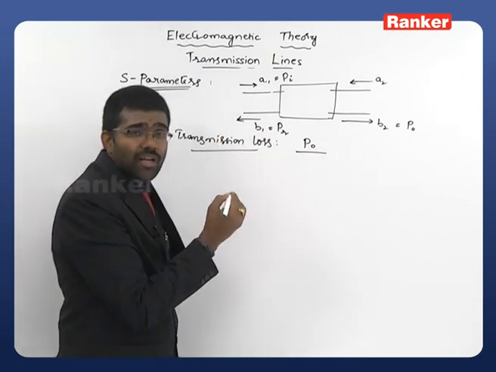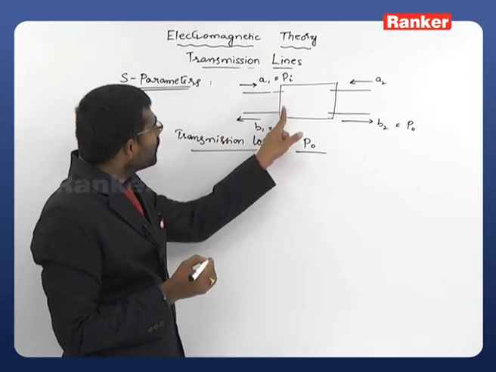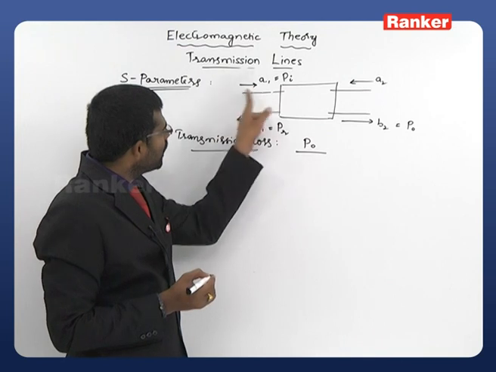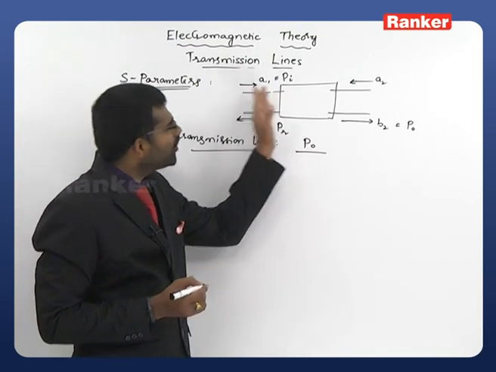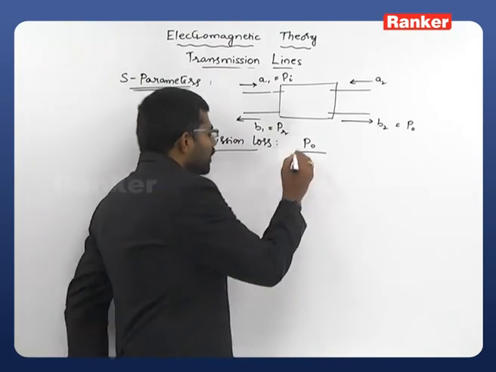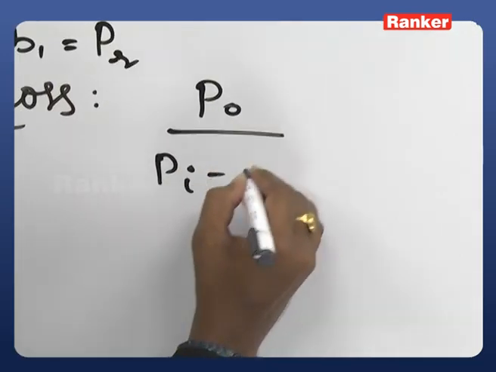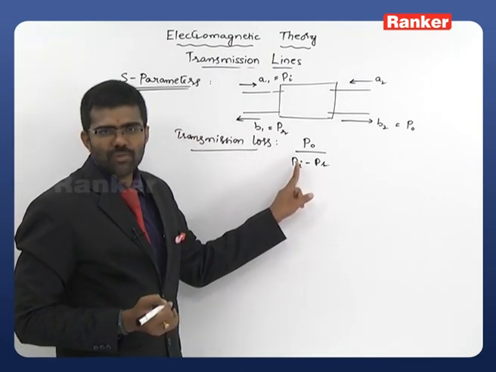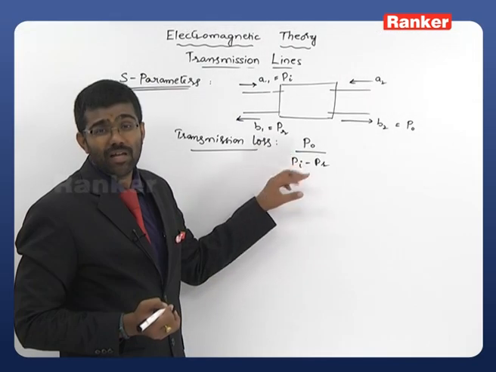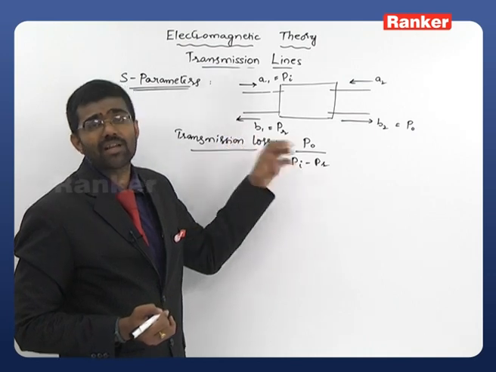How much amount of power is transmitted? That is incident minus reflected. This is the incident, this is the reflected. If you subtract reflected from the incident, obviously what you will get is the transmitted. So P naught divided by Pi minus PR. This is the general formula for calculation of our transmission loss. How much amount of power will be lost while it is transmitting.